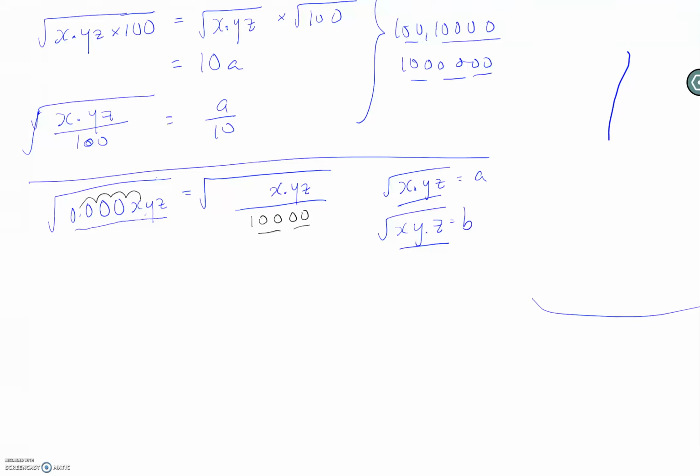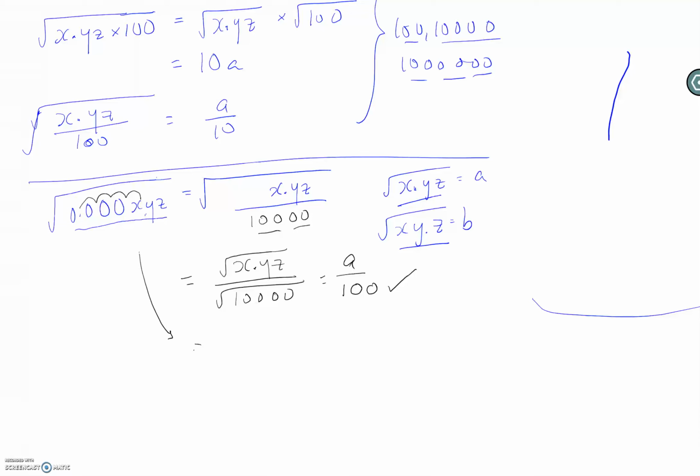If I have 4 zeros, is it useful? Actually yes, right? So straight away I have the answer. This will be the square root of x point yz divided by square root 10,000, right? And what's the answer? A over 100. This is the answer.